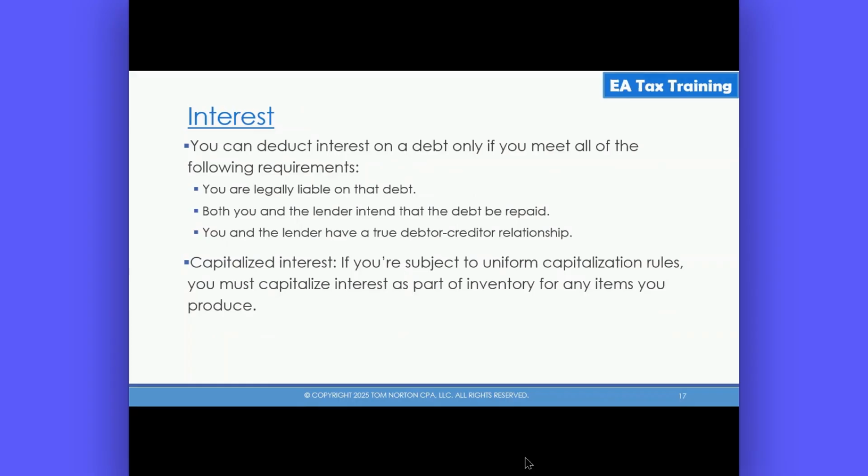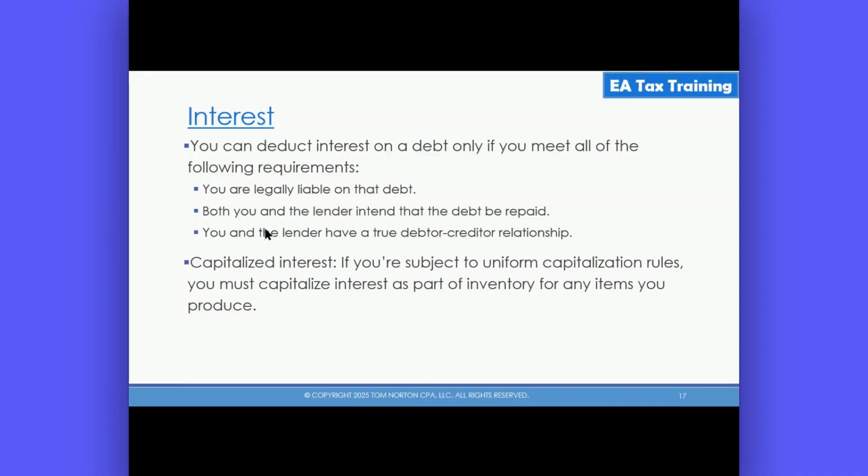Our next possible deduction is interest. So you can deduct interest on a debt only if you meet all of the following requirements. You are legally liable on that debt. Both you and the lender intend that the debt be repaid, and you and the lender have a true debtor-creditor relationship. So these last two in particular are really aimed at these related party transactions again. If you're getting a loan from someone, from a related party, but they don't actually expect you to pay them back, there's no true debtor-creditor relationship, then any interest that you may pay or accrue, you cannot deduct.